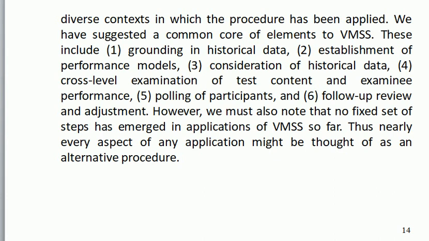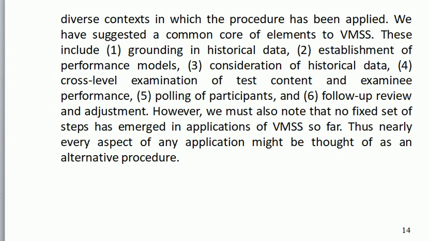We have suggested a common core of elements in vertically moderated standard setting. These include: number 1, a grounding in historical data; number 2, establishment of performance models; number 3, consideration of historical data; number 4, cross-level examination of test content and examinee performance; number 5, polling of participants; and number 6, follow-up review and adjustment.